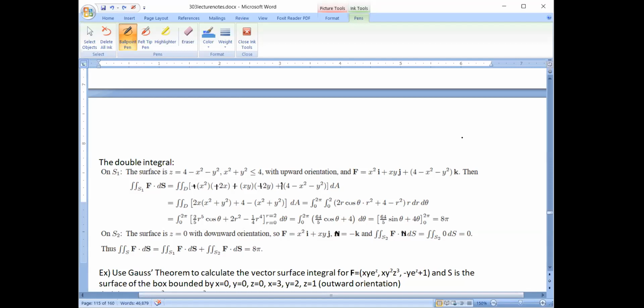Now notice that if you were going to do a surface integral, this is a box, there are basically 6 different surface formulas. You have to break it up into 6 different integrals. Let's not do that.